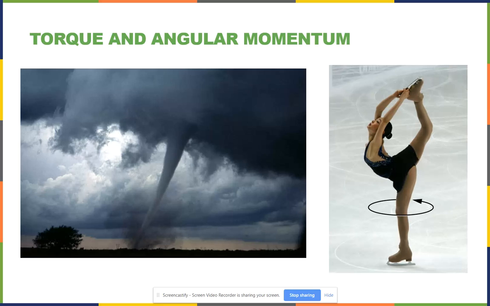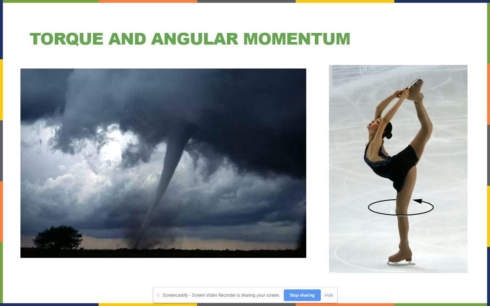And that tendency is dependent on the mass. The more mass something has, the more it's going to resist changing its motion. We call that property of resisting change in the motion inertia, and the more mass an object has, the more inertia it has.